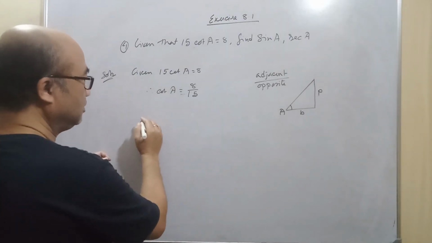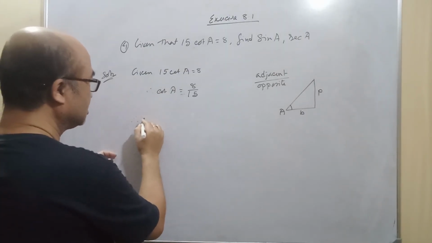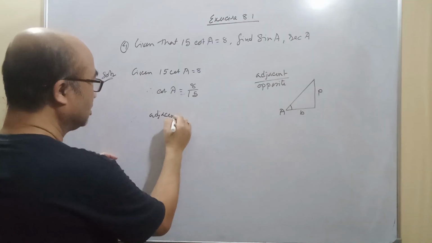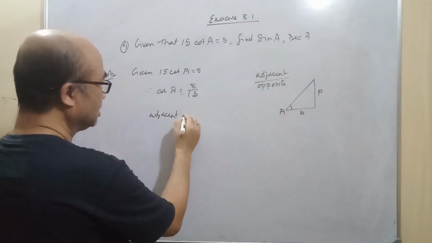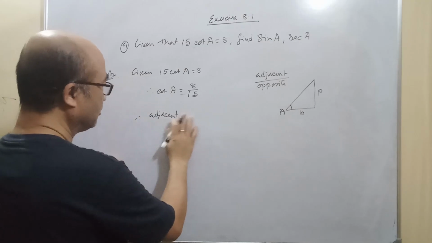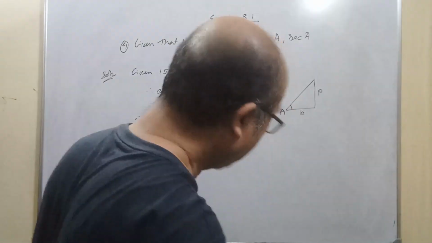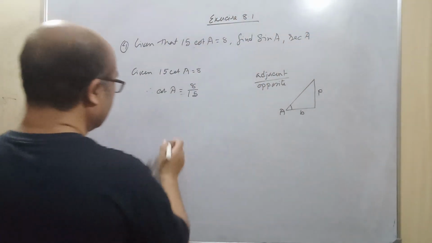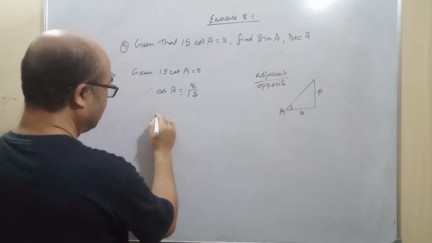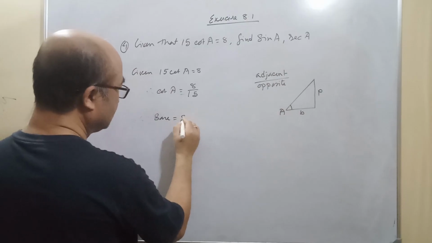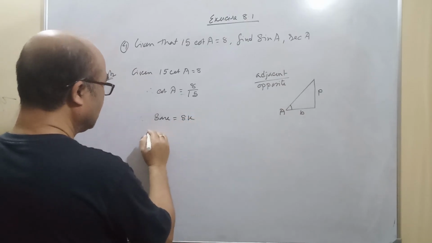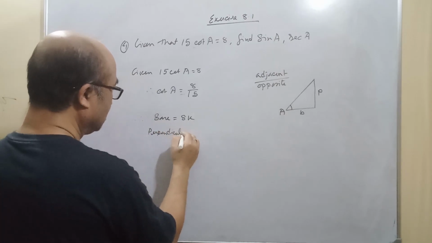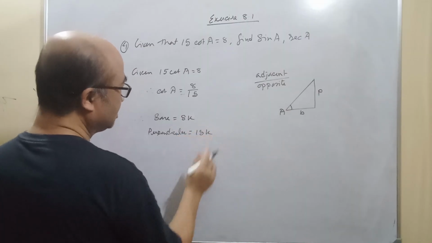So cotangent of A, hence adjacent, or should I say base, is equal to 8K and perpendicular is 15K.